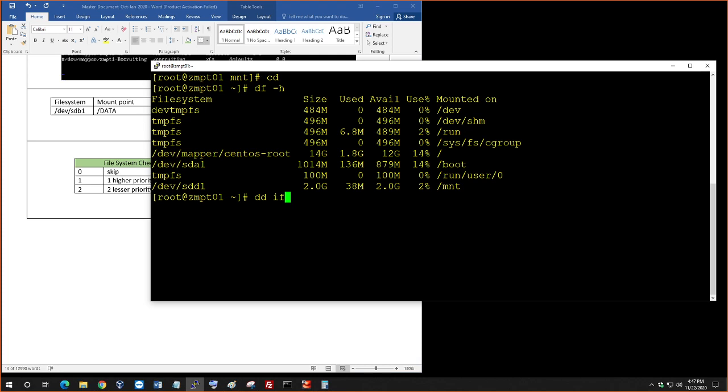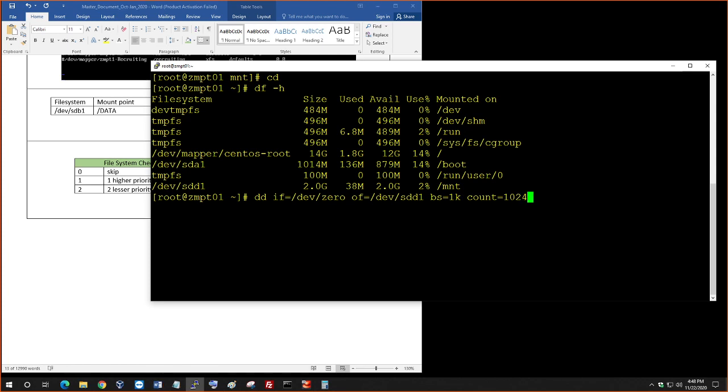dd if=/dev/zero of=/dev/sdd1 bs=1k count=1024.